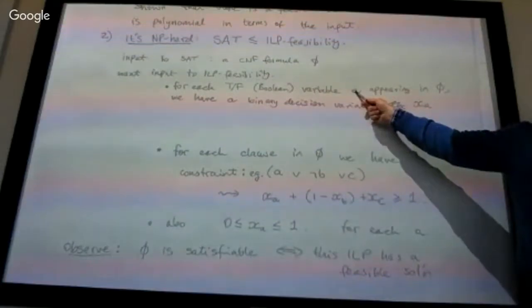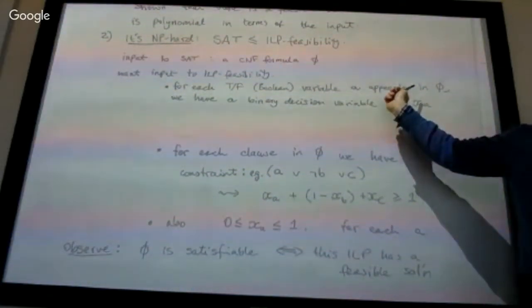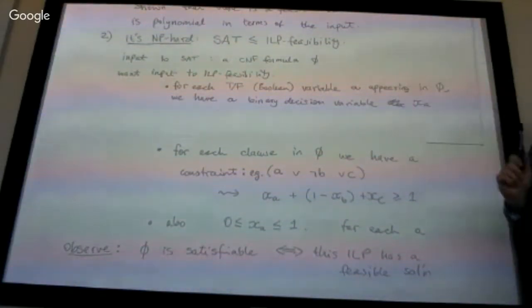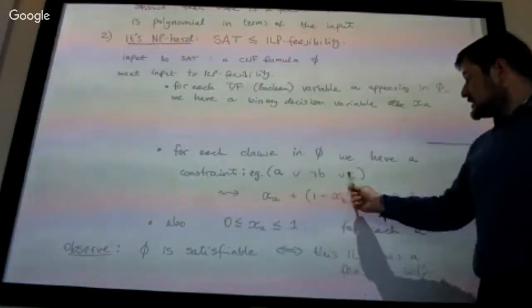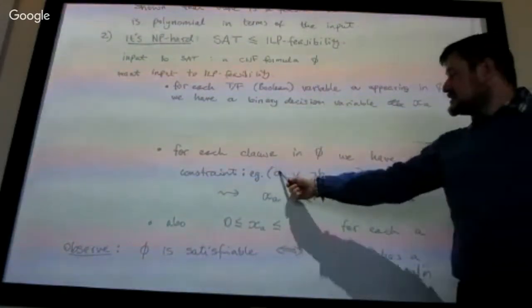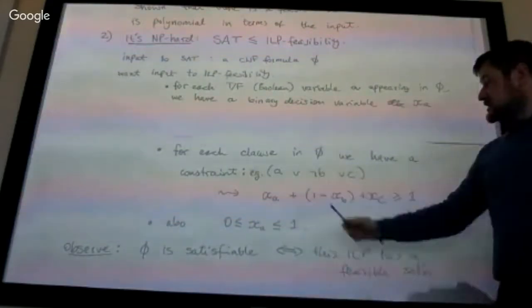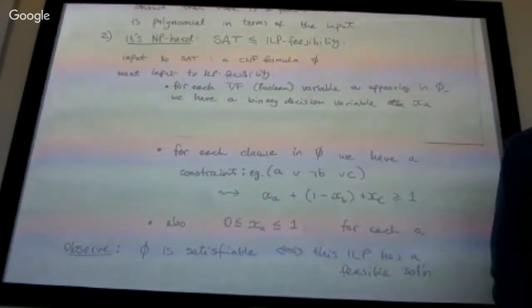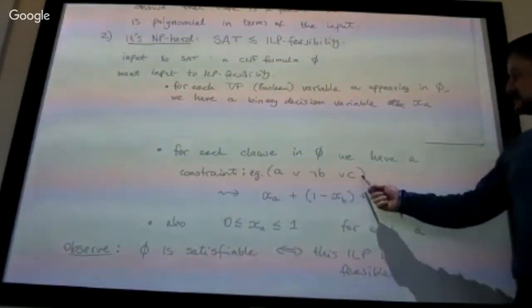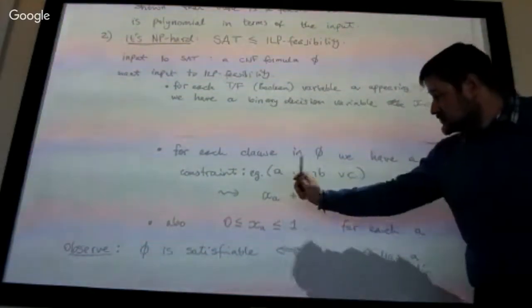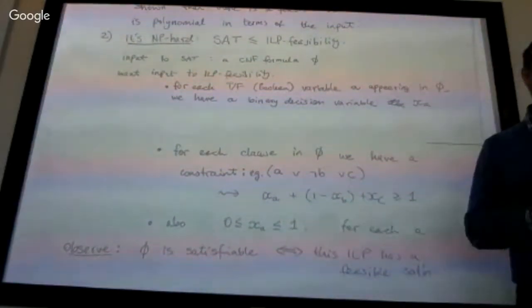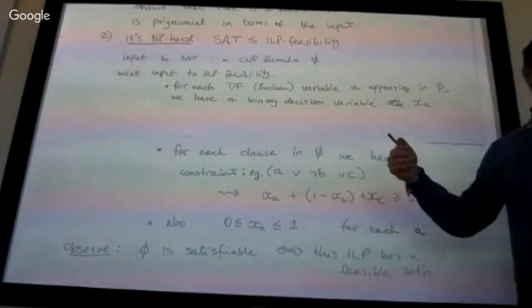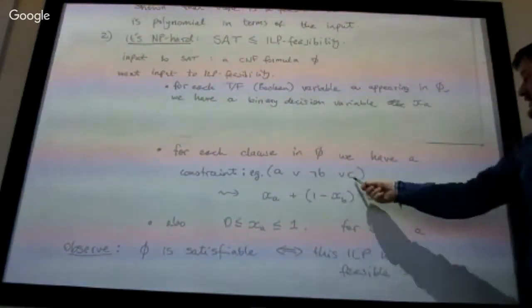If the clause was satisfied, then either A is true, or B is false, or C is true in this example. So at least one of them will have to happen. So if C is true, then this is 1.